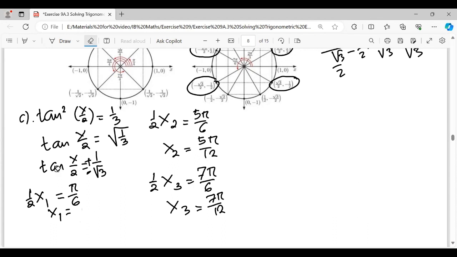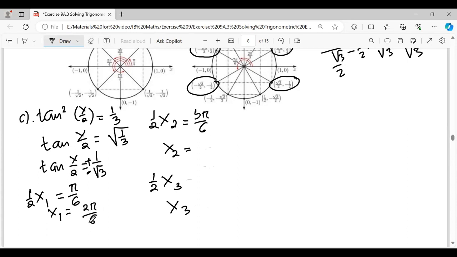If times 2, it will be... Okay, it's supposed to be, this is times 2.